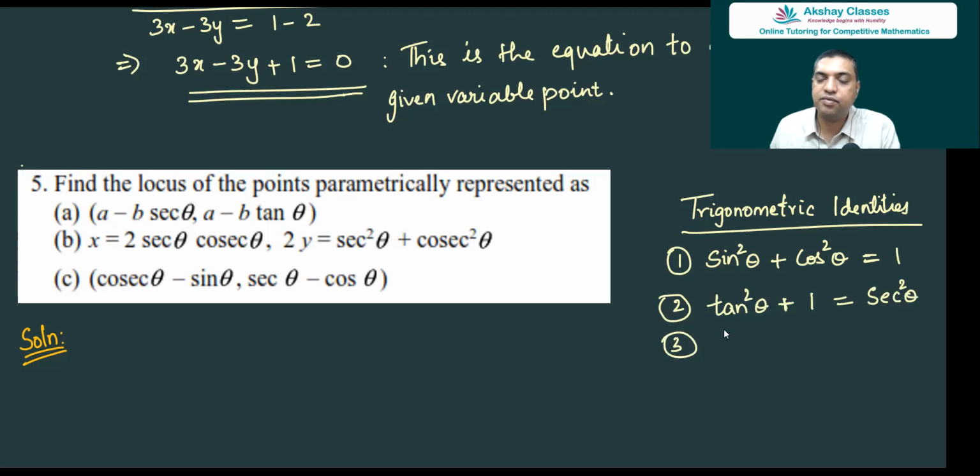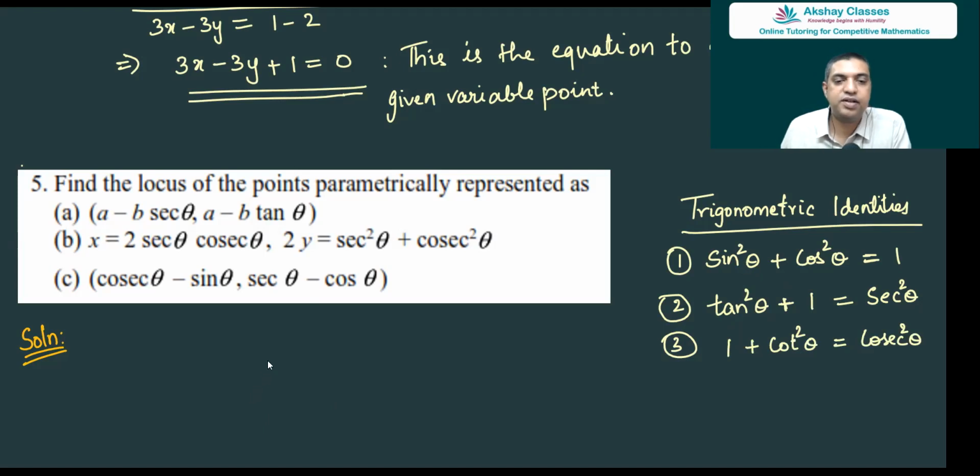Now the same thing we divide by sin square theta. You will get 1 plus cot square theta is 1 by sin square theta, which is cosecant square theta.